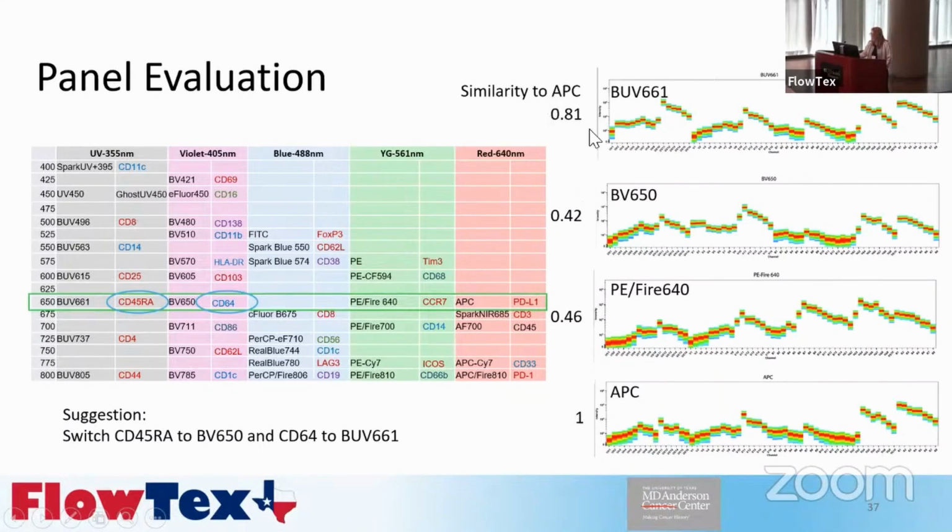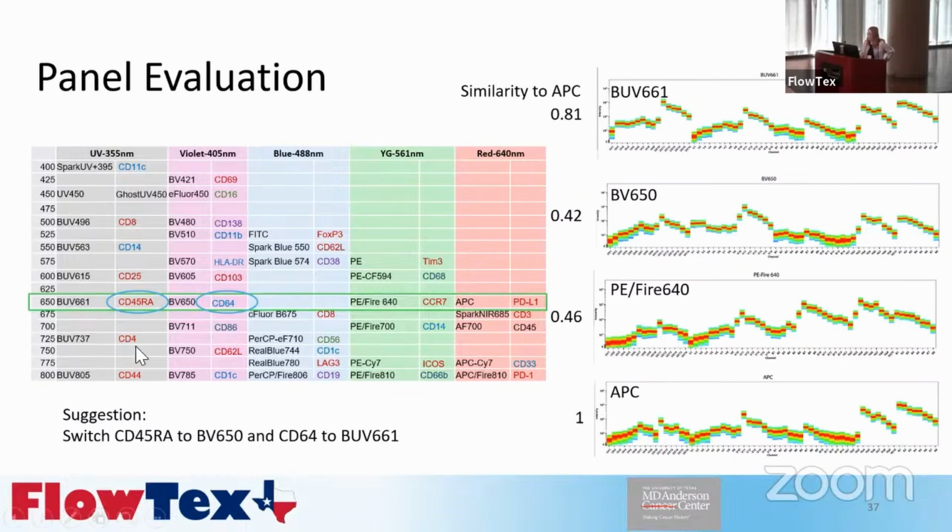And you can see that the similarity to APC is really only very high for BUV661. If I look at BV650, same wavelength off the violet laser, much lower, right? PE640, same, much lower. APC obviously is 1 because it's 100% similar to APC.